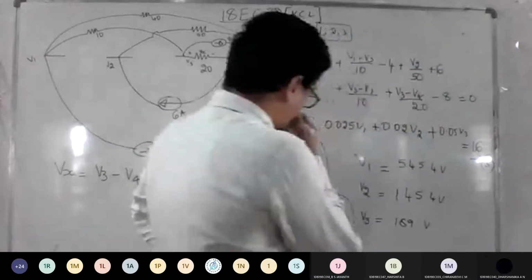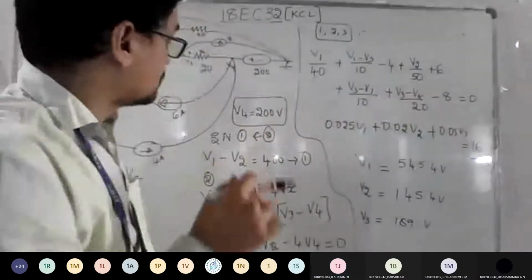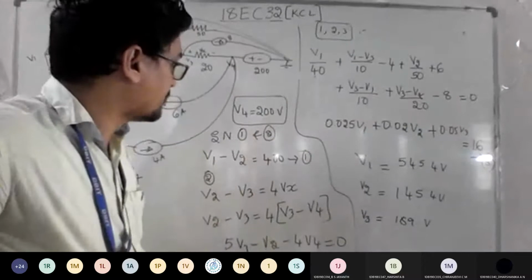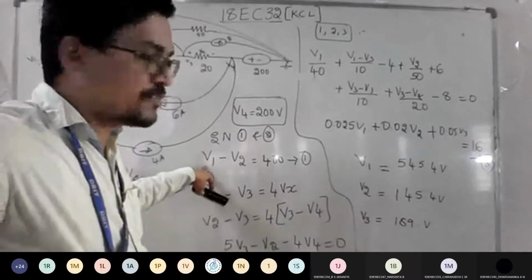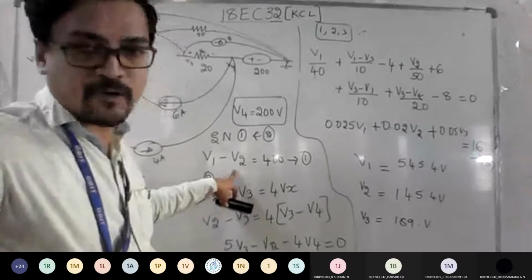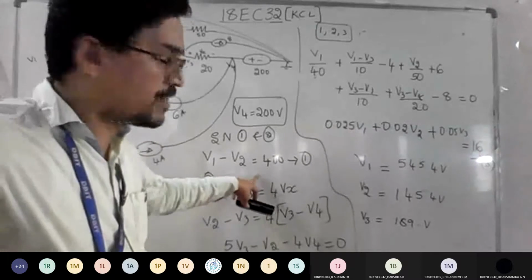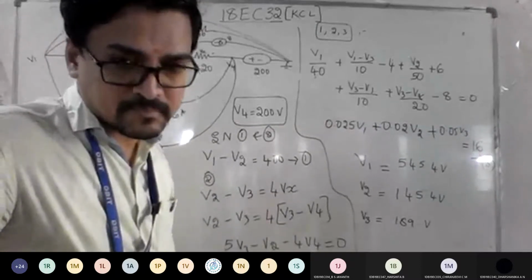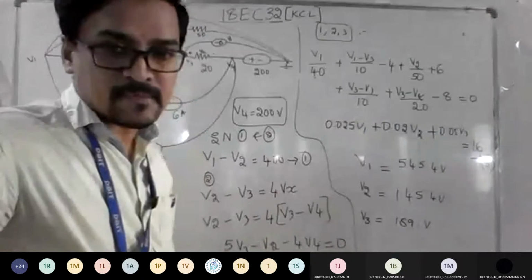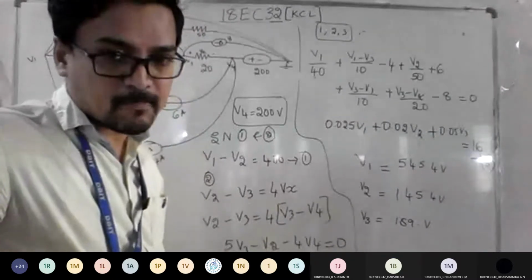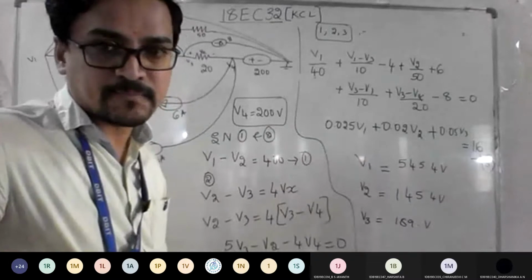Okay, 189. So is it matching? We can verify. V1 you told 545 and V2 you told 145. If you subtract, is it equal to 400? Everyone, is it matching here? What answers you told, is it correct?